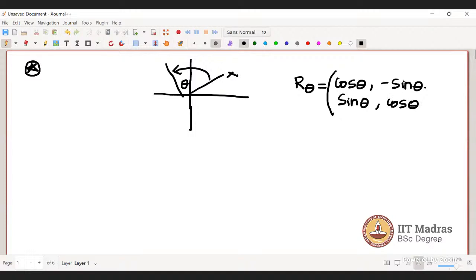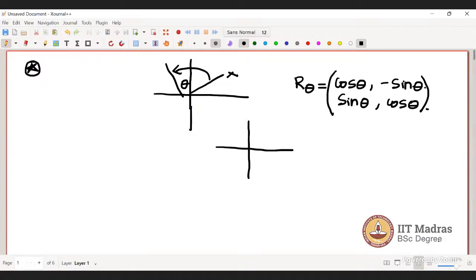So probably this is the matrix. There is a matrix with which you can talk about rotation by some angle theta. Similarly, for matrix of reflection, you have different types of reflection.